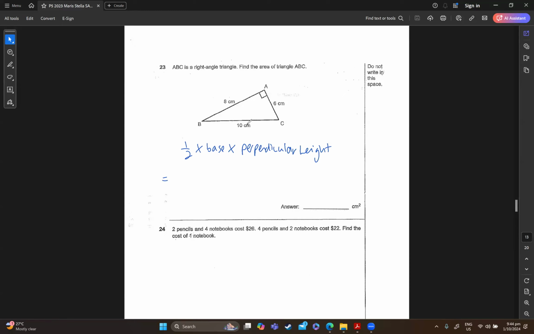So if you choose 10, there is no perpendicular height to 10, okay? However, if you choose 6, this part tells you that 6 and 8 are perpendicular to each other, right? So this can be the base, and this can be the height. So it's just half times 6 times 8. So the answer is 24 cm squared.